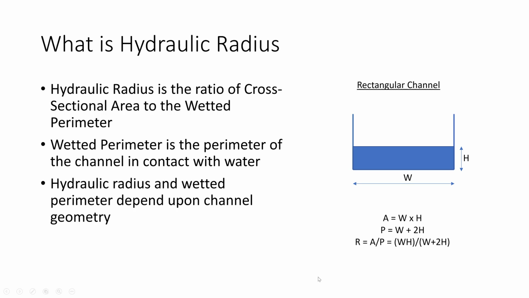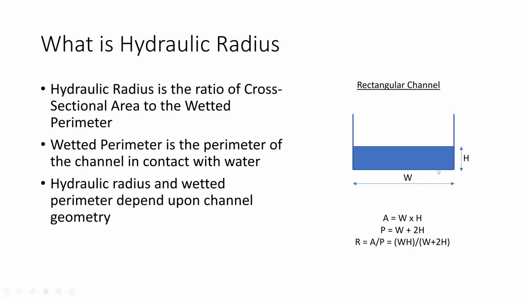To take a deeper look at that hydraulic radius, let's look at an idealized rectangular channel. I'm looking at a cross-section of a channel. The cross-sectional area will be equal to the width of the channel times the height of the water, so that's W times H. The wetted perimeter is the W, which is the bottom, where the water is in contact with the open channel, and then the H on each side, which is the height of the side of the channel where the water is in contact with it.